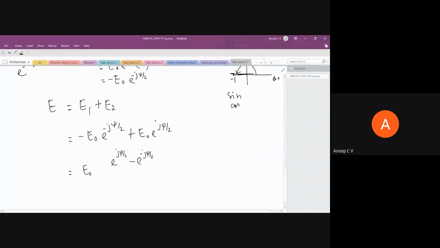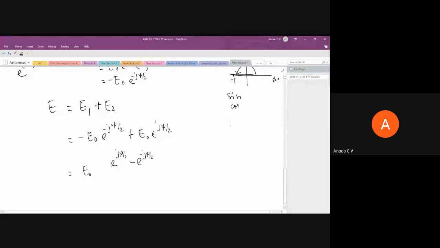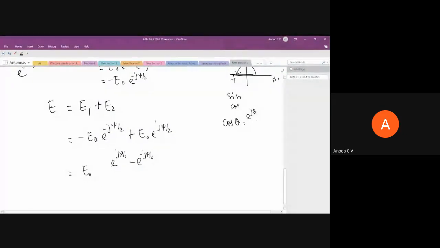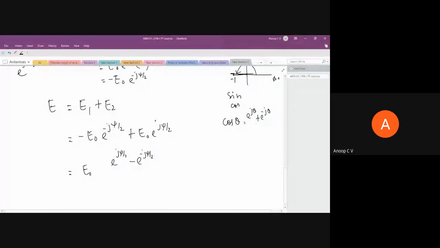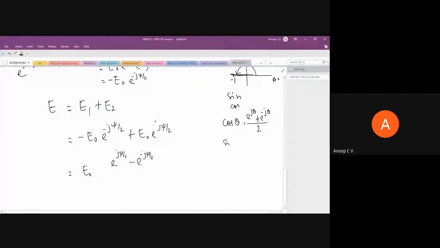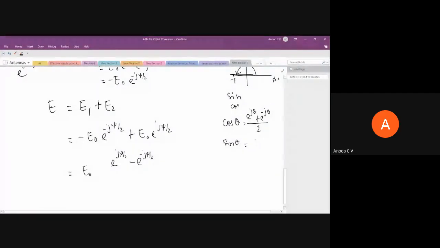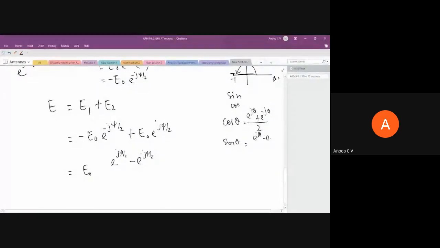I know by Euler's identity, cos theta is equal to e power j theta plus e power minus j theta divided by 2, and sine theta, which is the imaginary part of e power j theta, can be obtained as e power j theta minus e power minus j theta divided by 2j. So this is e power j psi by 2 minus e power minus j psi by 2.